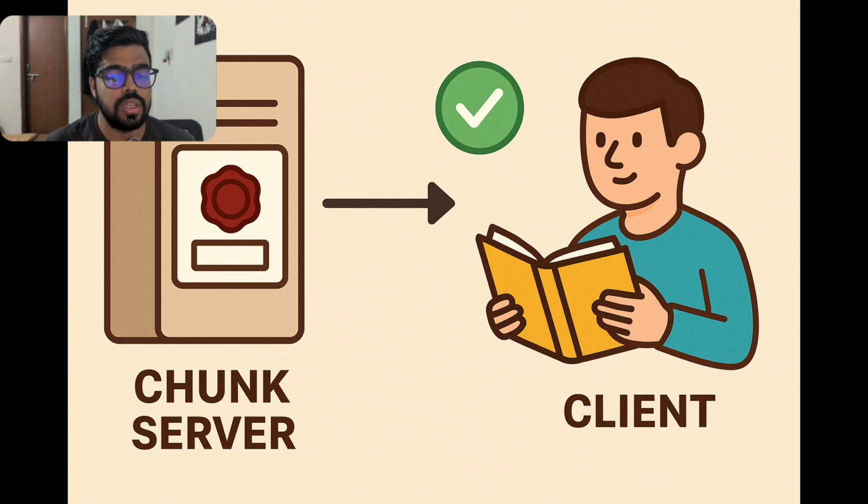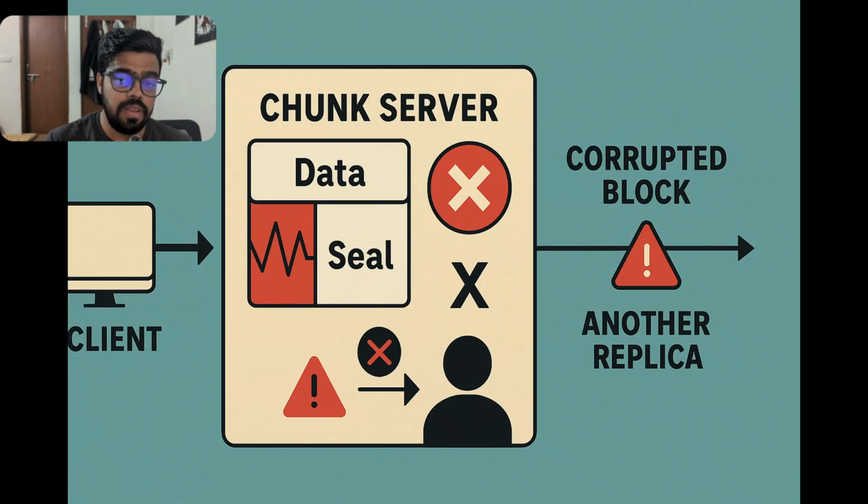And it checks this checksum against the stored checksum. If there's a match, it can be ensured that the data is not corrupted and the chunk server can return the data back to the client. But if there's a mismatch, it means there is corruption on that particular chunk, and the client reports this corruption to the master, so that the master can arrange for a new replica of that chunk, and to the client, the chunk server responds to fetch this particular chunk from any other replica, right?